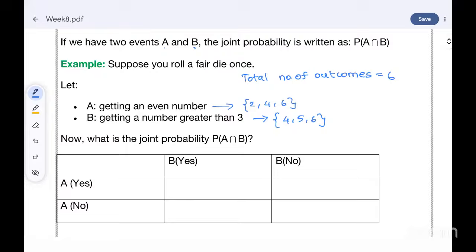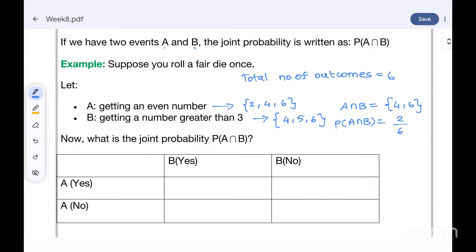So what should be the probability of A intersection B then? What is there in A intersection B? 4 and 6. So what is the probability of A intersection B? It is the number of possible events in A intersection B by the total number of outcomes, right? So what is that? 2 by 6. So this is the joint probability.